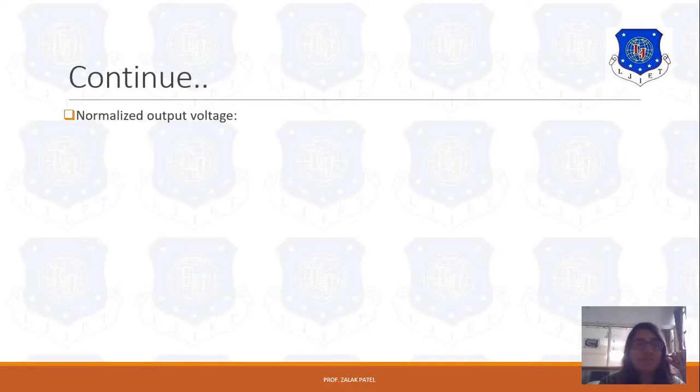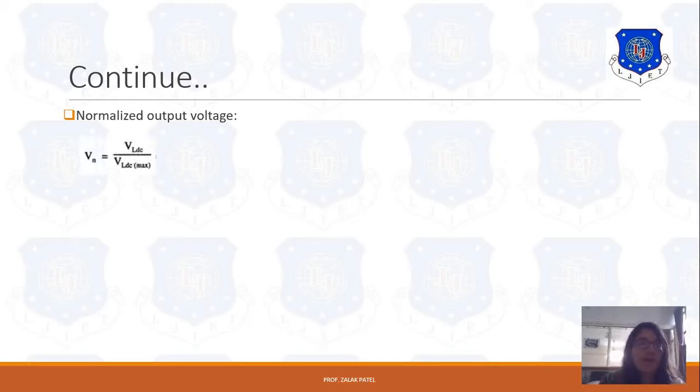Next is the normalized output voltage. We already discussed the normalized value. The normalized value of any quantity is the original value divided by the maximum value, meaning how much of the maximum possible value is obtained. Now we want to calculate the normalized output voltage.